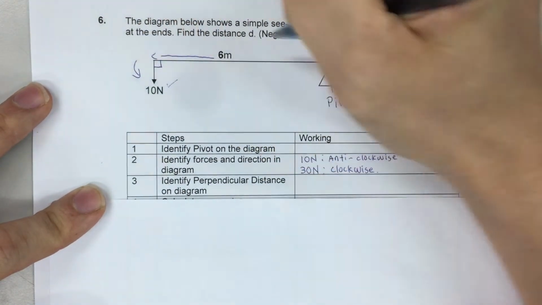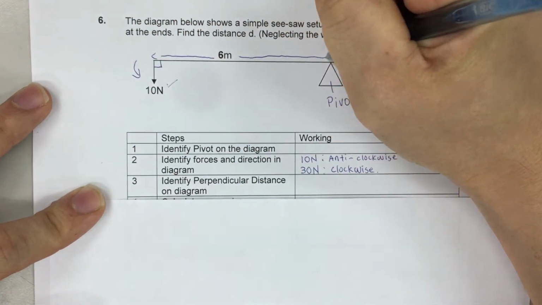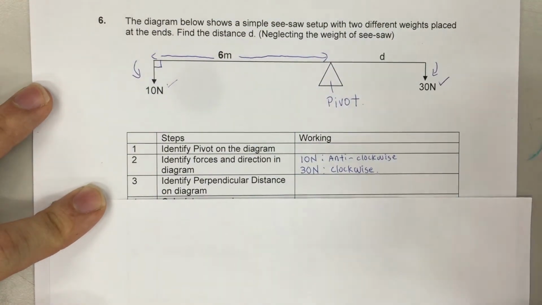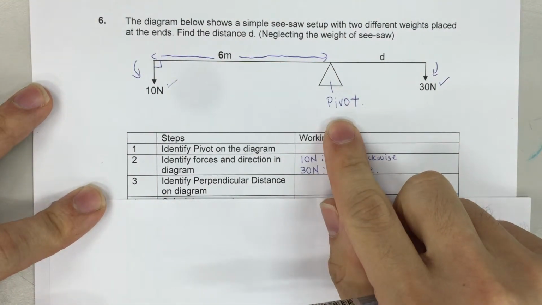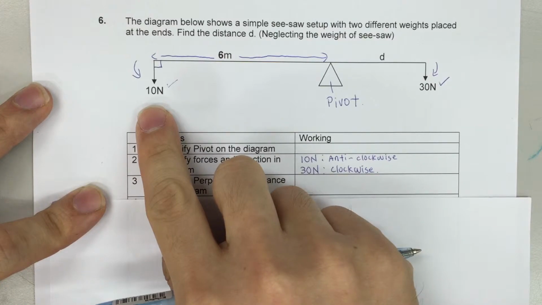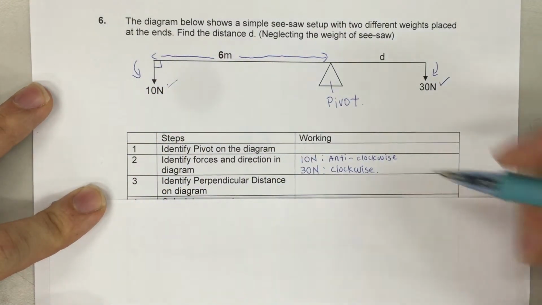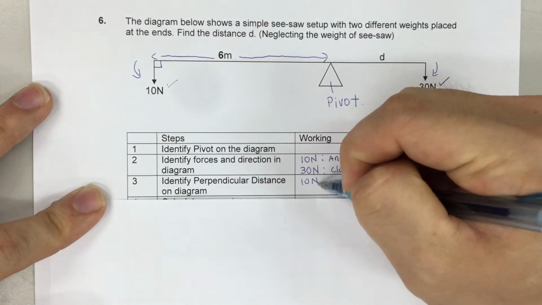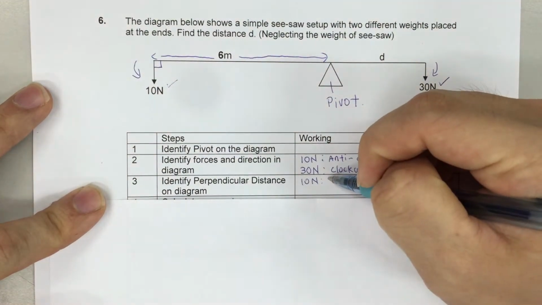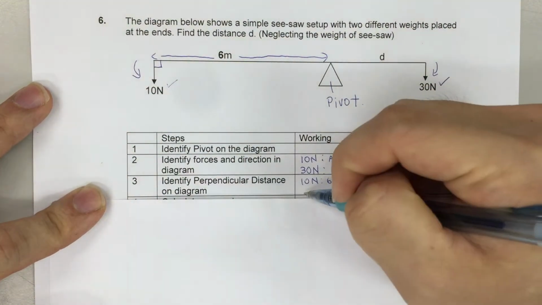You must always remember, when measuring the perpendicular distance, it must always be from the pivot to the applied force, and it must form the right angle. So in this case, for the 10 Newton, the perpendicular distance is 6 meter.